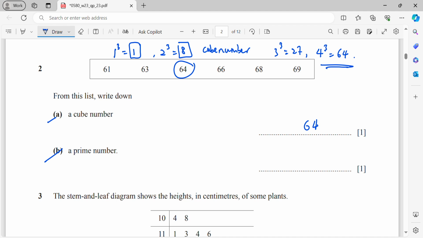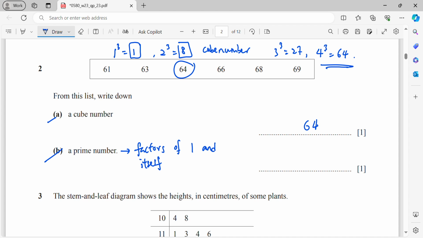Which one is a prime number? Basically a prime number will have factors of 1 and itself. That means it can be divided by itself and also just 1.